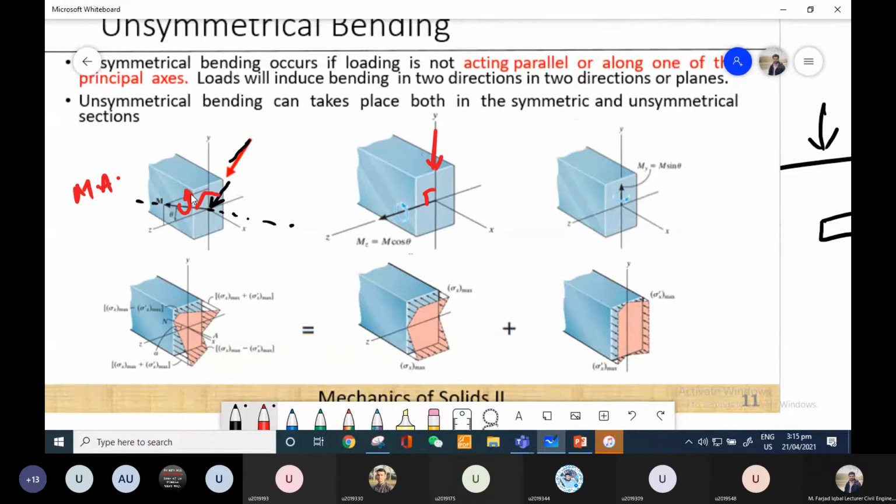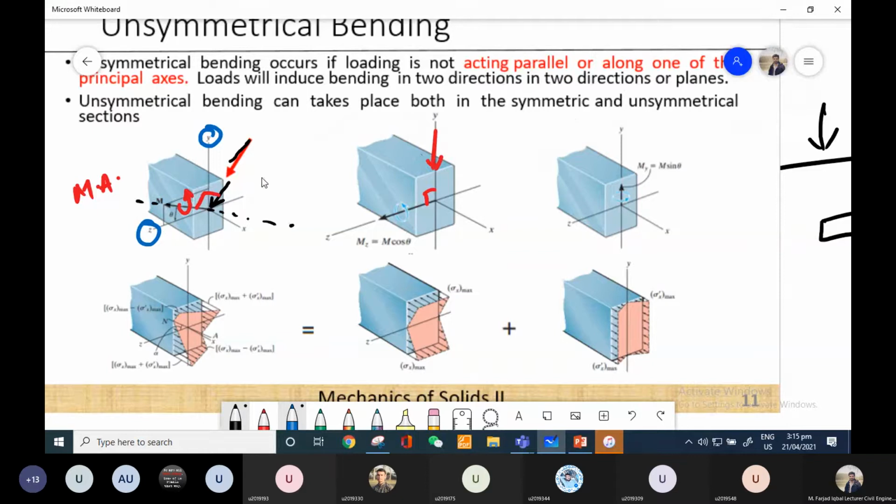We have to transform this moment onto the two principal axes. In the case of this rectangular cross section, my principal axes are this y axis and z axis, so I have to transform this moment onto the z axis and y axis.